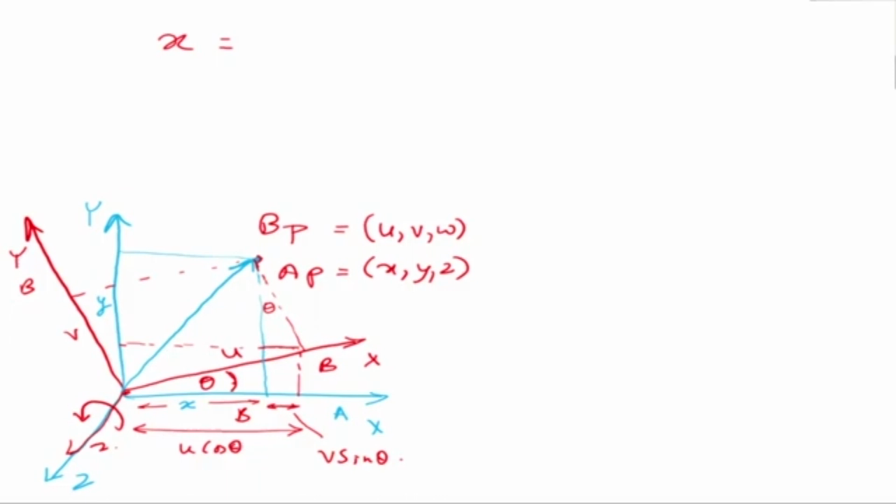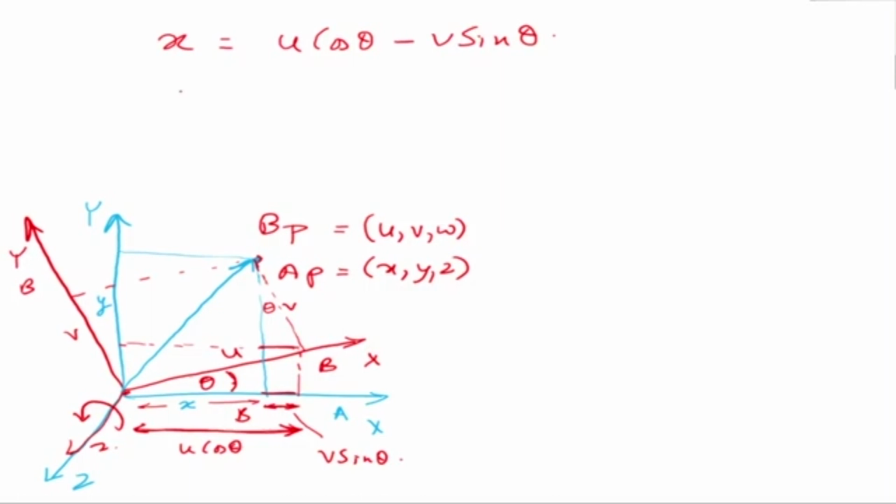So you can see that this full length from here to here is equal to u cos theta minus this small length, which is equal to v sin theta. So this is my v. So x is equal to u cos theta minus v sin theta.